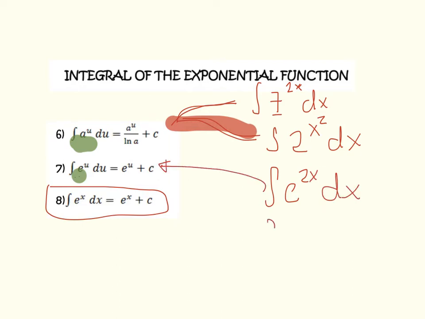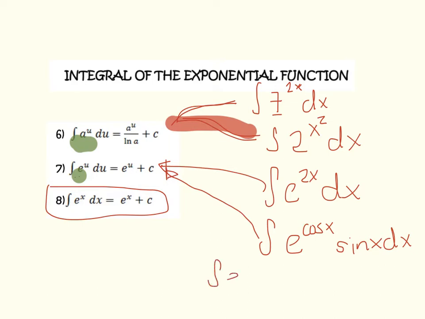Or if you have the integral of e to the cosine of x times sine of x times differential of x, you're going to have to use this one. If you have the integral of e to the 5x times dx, in that case, you're going to have to use this one. So you use the very last one, number 8, when you have the integral of e to the x.